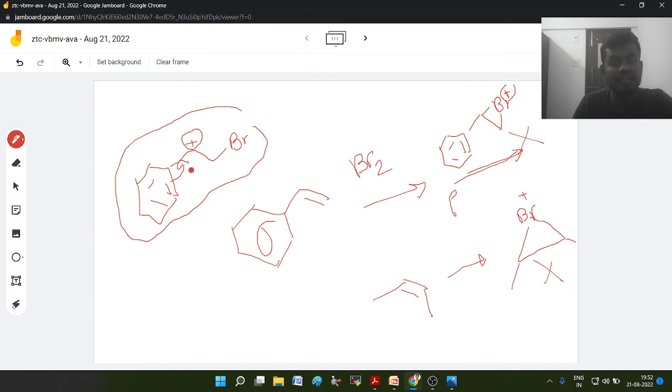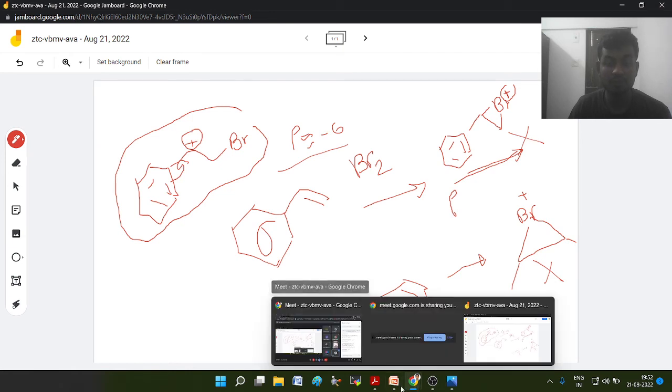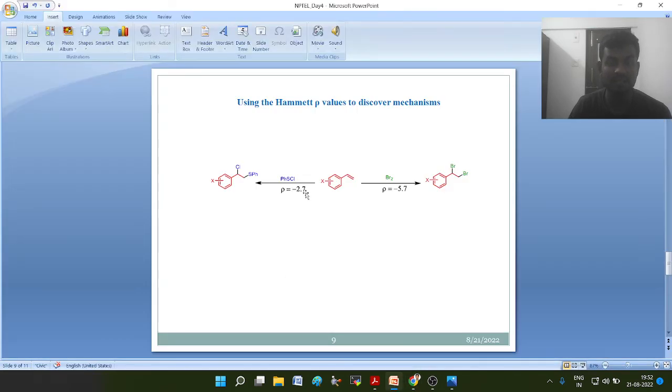Overall, that's why it has a higher rho value, around minus 6. So it is not going through the cyclic bromonium ion. The second reaction has a smaller rho value, in terms of magnitude, minus 2.7, around 3.